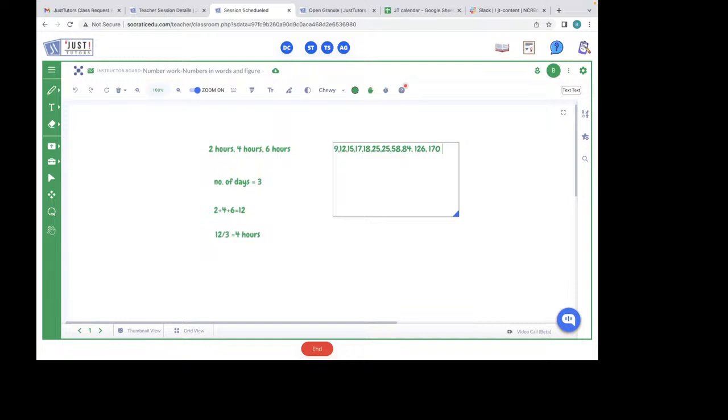We have got 1, 2, 3, 4, 5, 6, 7, 8, 9, 10, 11. So we got our 11 numbers.